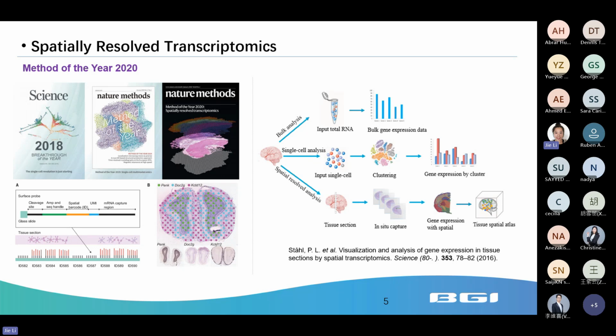Then single cell came out, so that we could identify the cell types and reveal cellular heterogeneities, but the spatial information of the tissue is lost due to the enzymatic digestion during the preparation of the cell suspension.